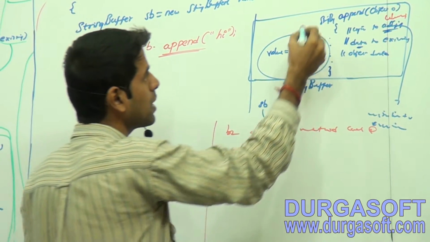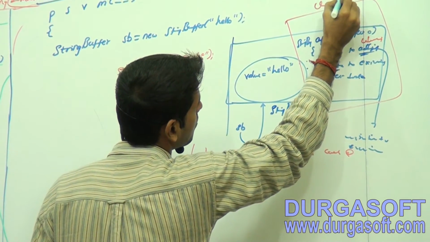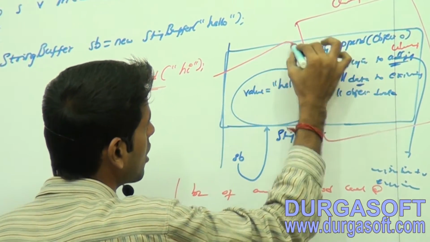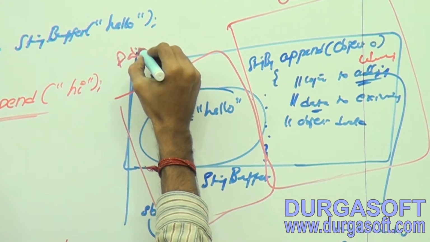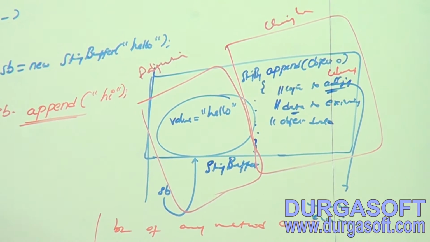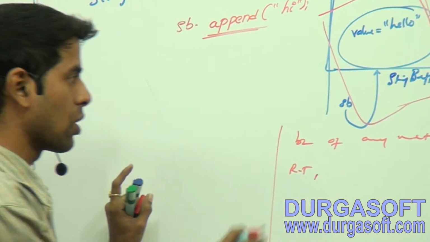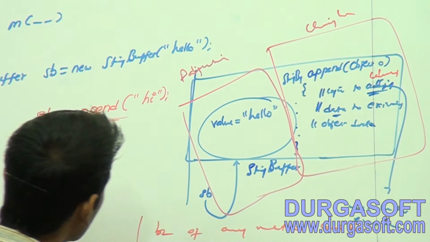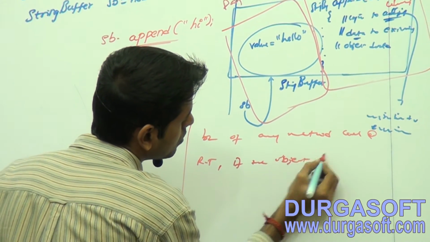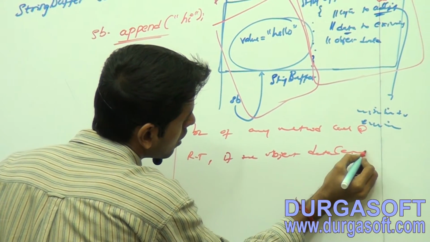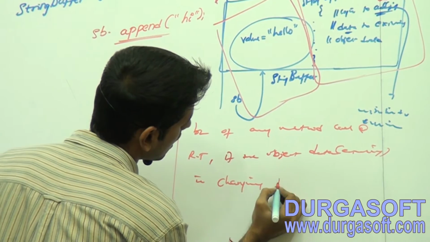This append has which behavior? Changing behavior. This StringBuffer object has which behavior? Adjusting behavior. In the earlier case, it was non-adjusting, that is, not adjusting.